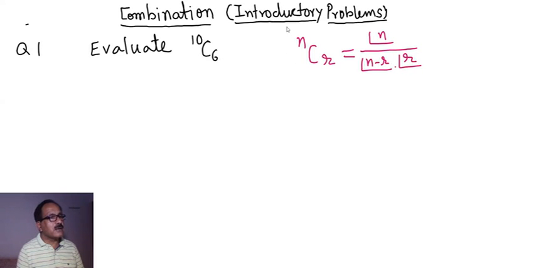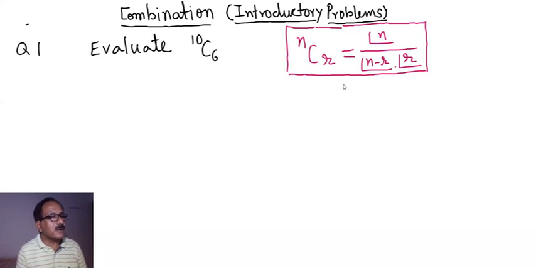This is the combination concept. nCr is equal to factorial n upon factorial n minus r into factorial r.